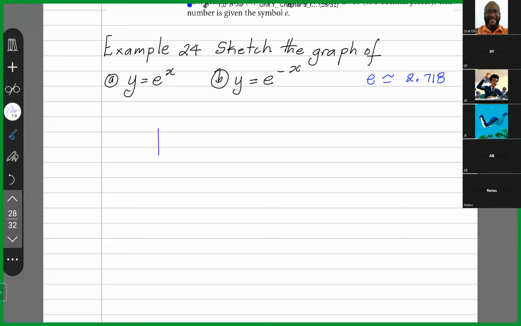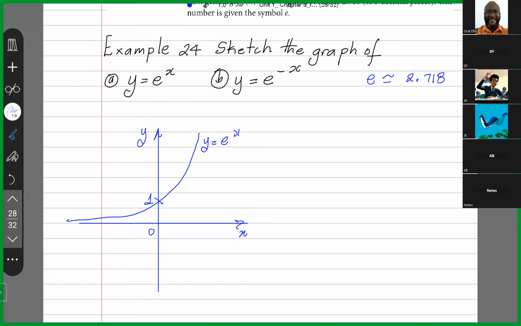So this graph would look probably something like this. Just doing a very quick sketch. This is my y-axis. This is my x-axis. Origin, y is equal to e to the x. Of course, this is always 1. The graph always cuts the y-axis at 1.